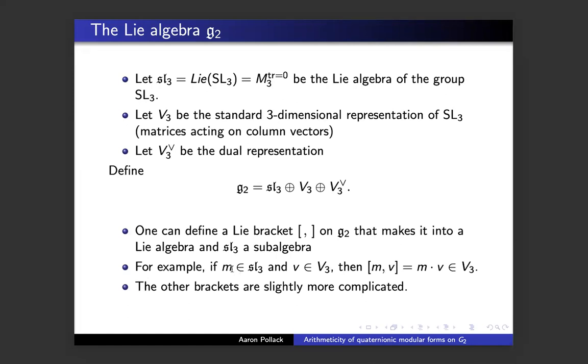So, for example, if M is in sl3 and v is a column vector in V3, then the bracket of M with v is just M times v, where M is a matrix and v is a column vector, and I'm just doing matrix multiplication. So M times v again sits in V3, and that's what the bracket of M with v is. Okay, and then you could do a similar thing for the other brackets that are slightly more complicated. So this is how you can construct the Lie algebra of G2.